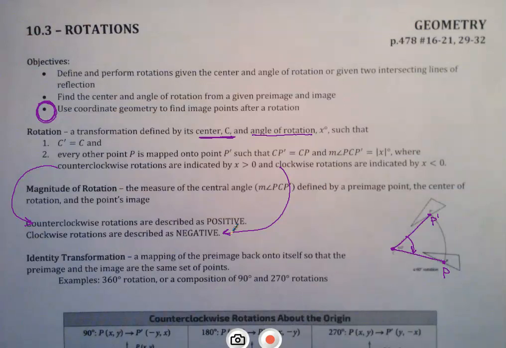And then identity transformation is a fun one. What's the identity law of addition? It has nothing to do with this, except it has identity. Identity law of multiplication. Anybody?